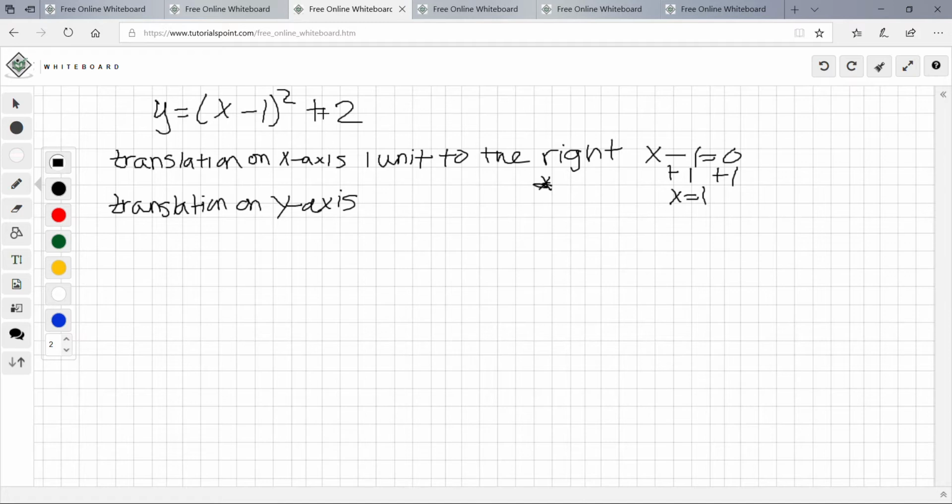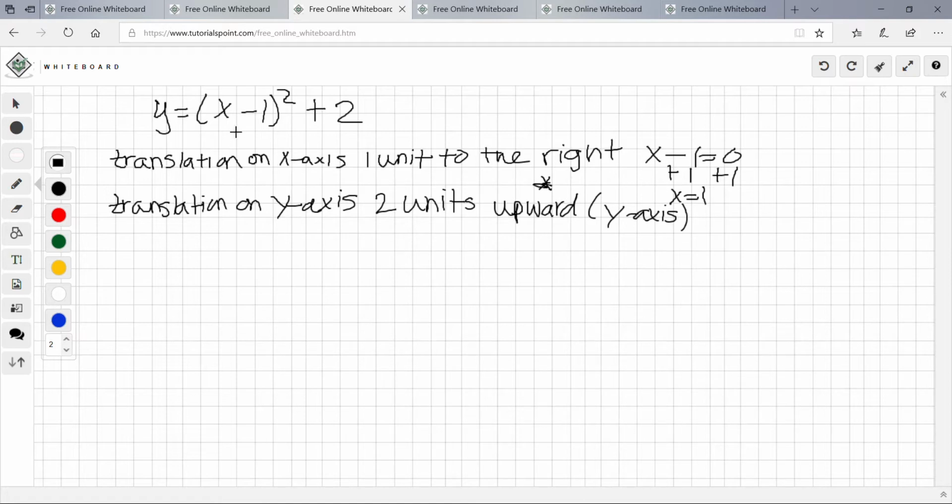So if this is a +2, it's going to be 2 units upwards on the y-axis. So we're going to move 1 unit to the right and 2 units upwards.